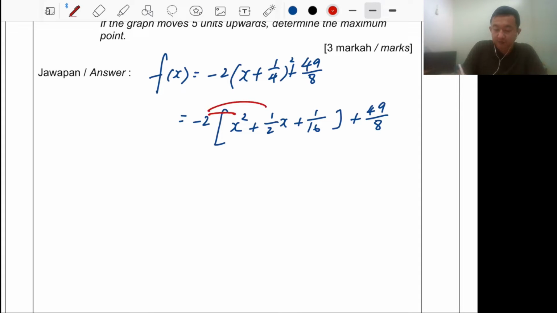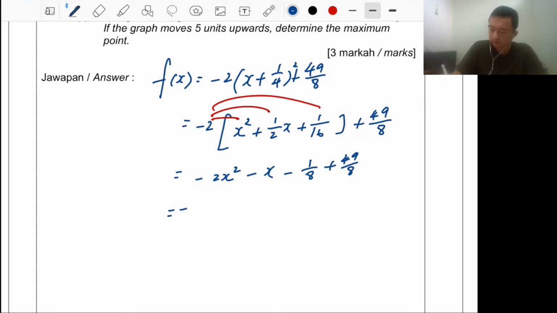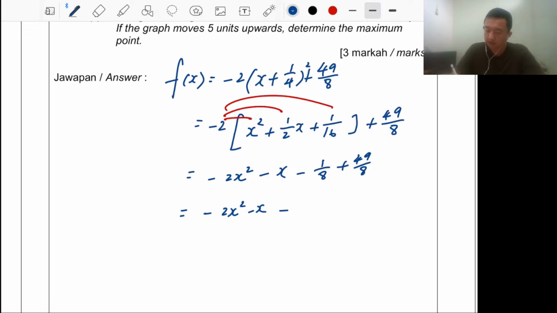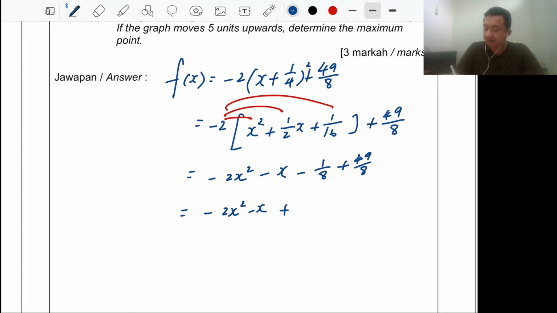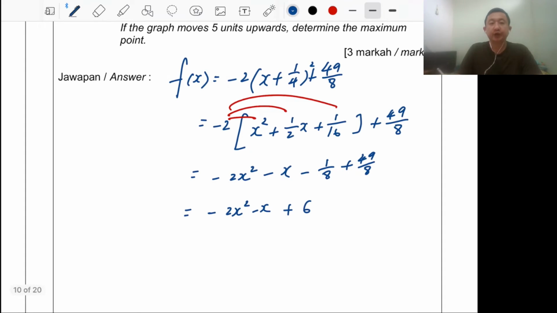Multiply by -2. I think you should get this as answer. So this is in general form. So in order to make it intercept form, your a, the coefficient for x squared must be 1.